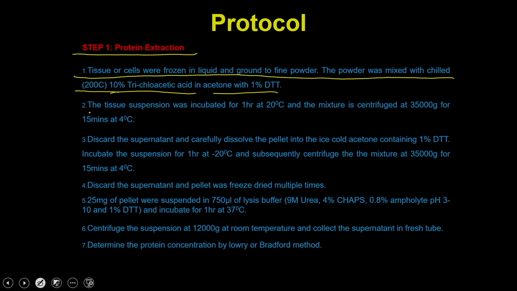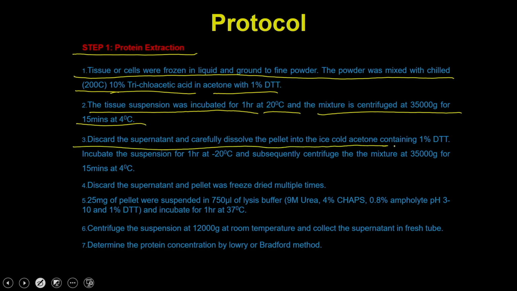The tissue suspension is incubated for 1 hour at minus 20 degrees, and the mixture is centrifuged at 35,000 g for 15 minutes at 4 degrees. You discard the supernatant and carefully dissolve the pellet in ice-cold acetone containing 1% DTT, and incubate the suspension.